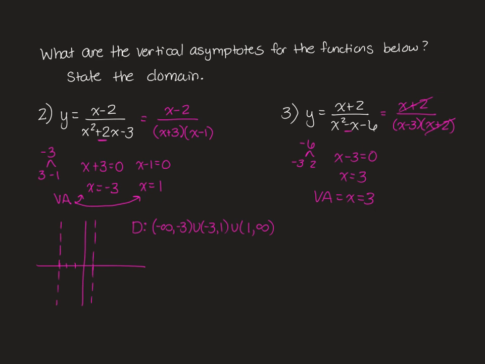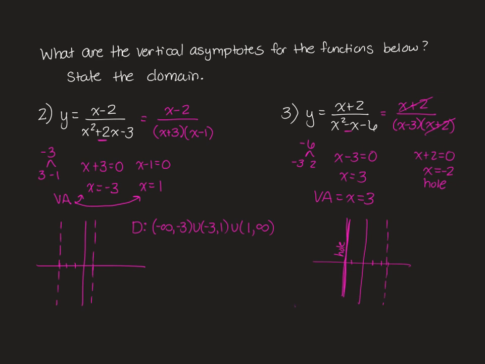The x plus 2, that is a removable discontinuity, which means that it's a hole. So on my graph, yes, I have a vertical asymptote at 3, but I also have something going on when x is equal to negative 2. This is a hole. Somewhere along this vertical line, I don't know where, there exists a hole.